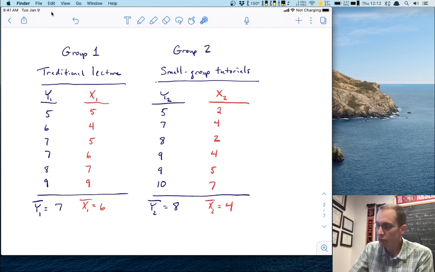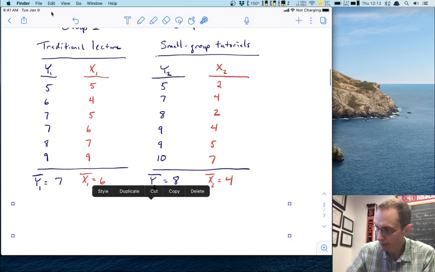In fact, group 2 has a lower aptitude score than group 1. So the question is, is that possibly messing with my results? Forgive the informal way of talking about that. I will make it more formal what we mean by messing with the scores momentarily.